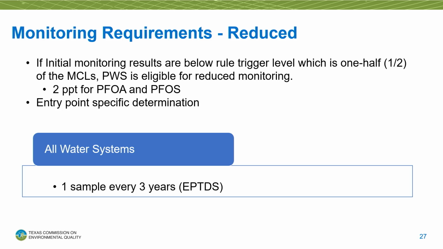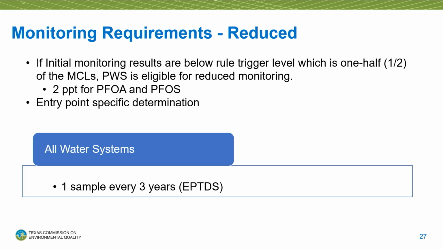It is entry point specific. To meet the reduced monitoring, the PFOA and PFOS would have to be less than 2 parts per trillion. And for any water system, then 1 sample would need to be collected every 3 years. They could move to that schedule, 1 sample every 3 years, if it's less than the trigger level at each entry point.